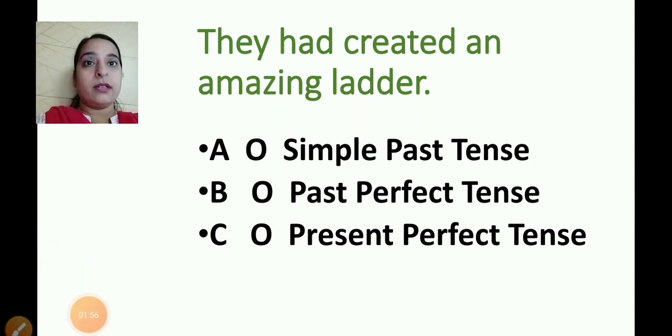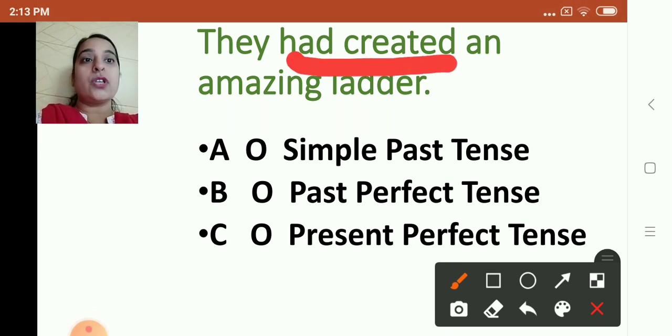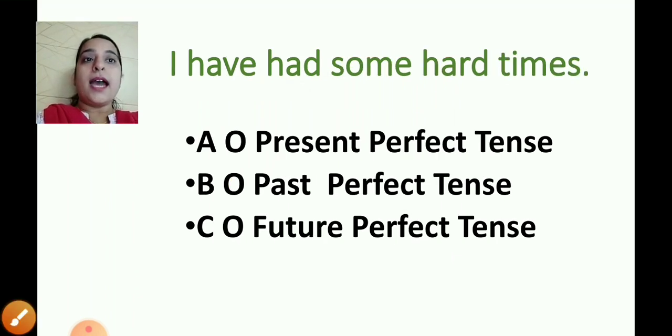So children, which is the correct answer? Yes, they had created. So children, it is past perfect tense, had and the past participle. So it is past perfect tense, okay? Now, I have had some hard times.